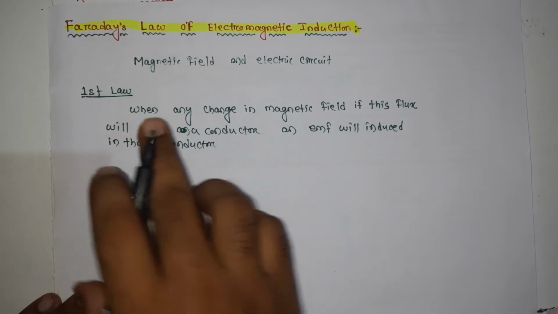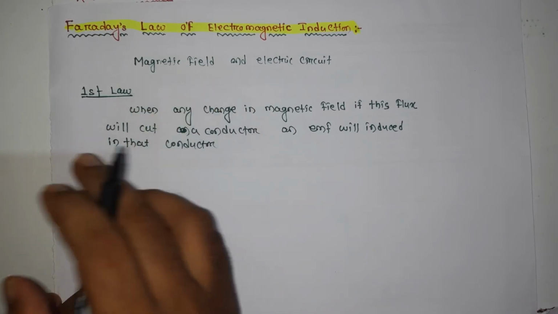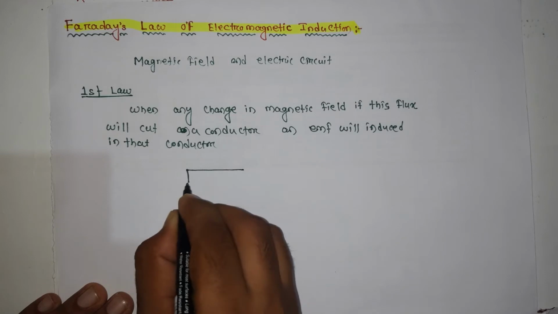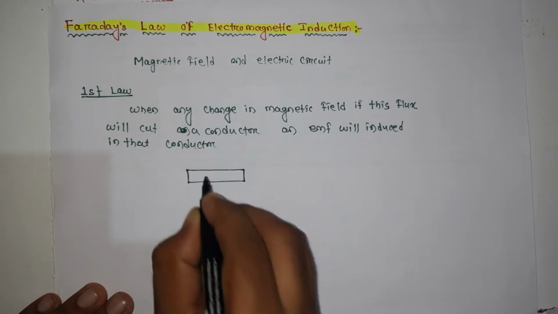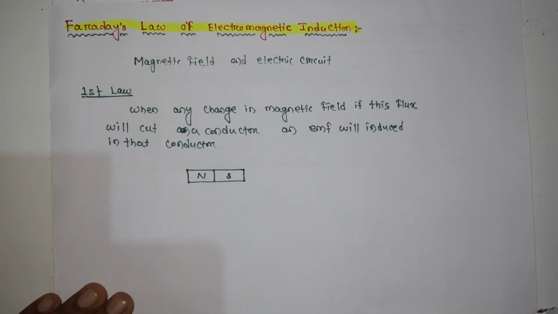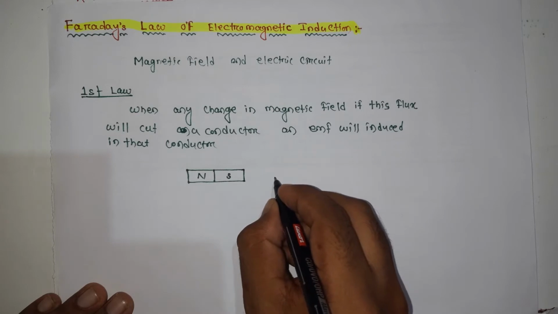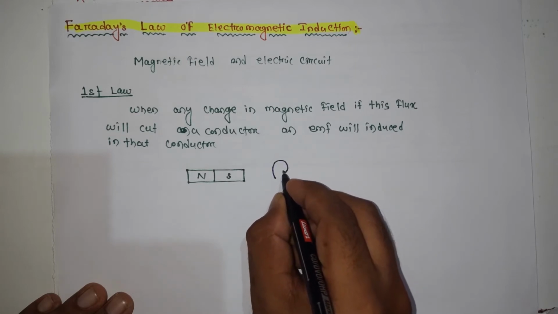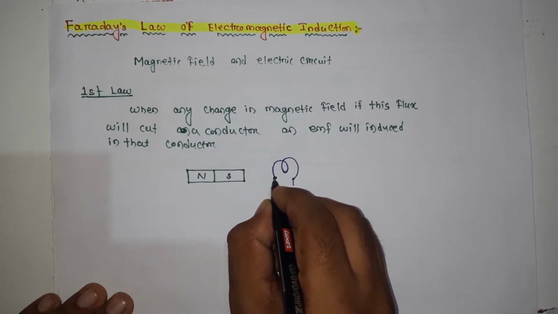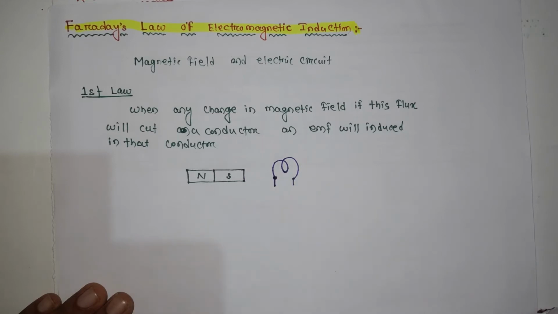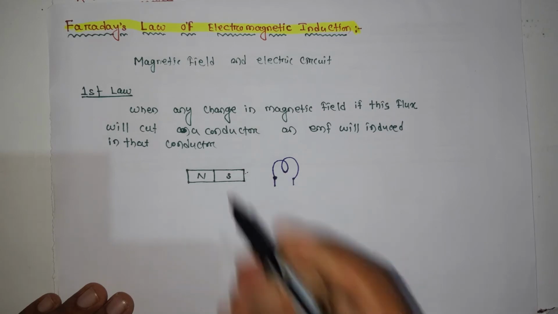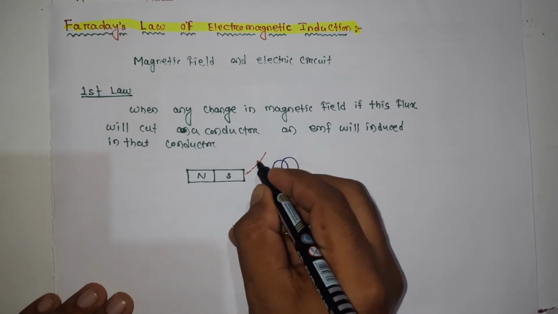What is it if there is any change in magnetic field? Let this be a magnet, let this be the north pole and another the south pole. Let us take a coil like this. This magnet will produce some flux, let this flux be like this.